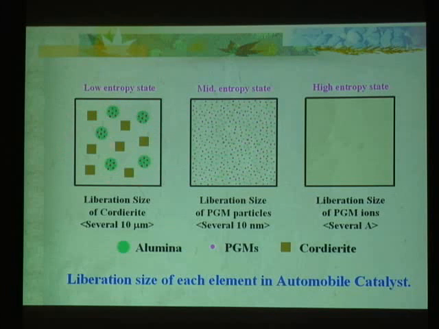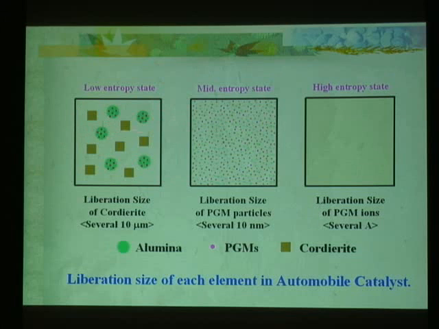Solid separation in the target system is like this. For example, the liberation size of cordierite is almost several tens of micrometers. And what about the PGM liberation size? It is probably several tens of nanometers, very, very small. And after dissolving in solvent or melting, the liberation size is several angstroms, very, very fine, too fine.